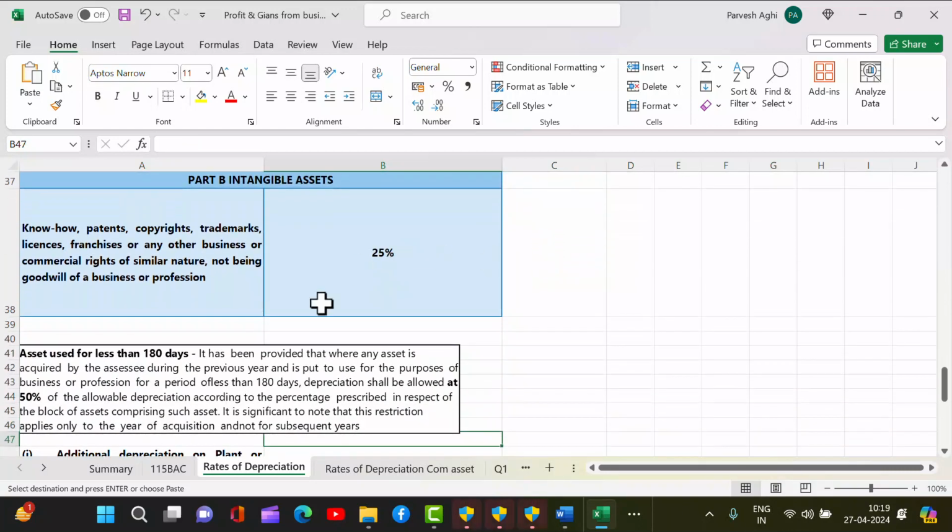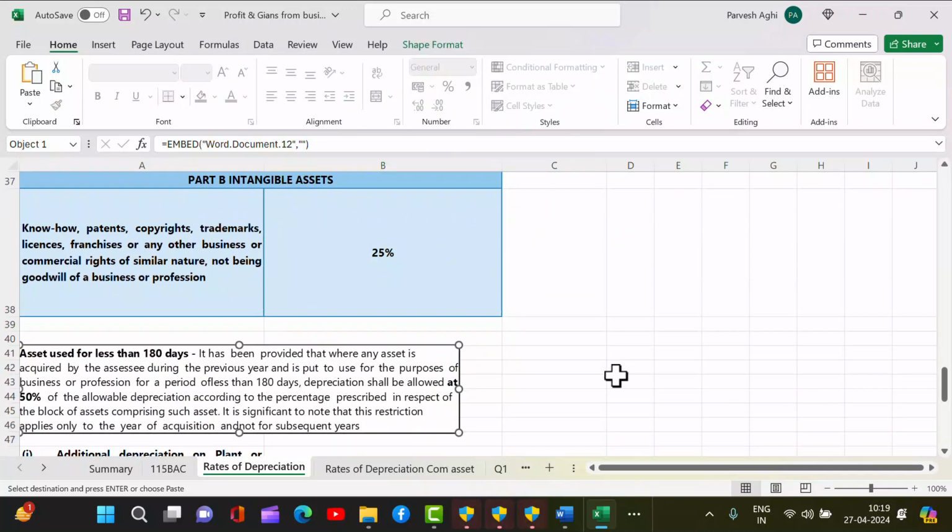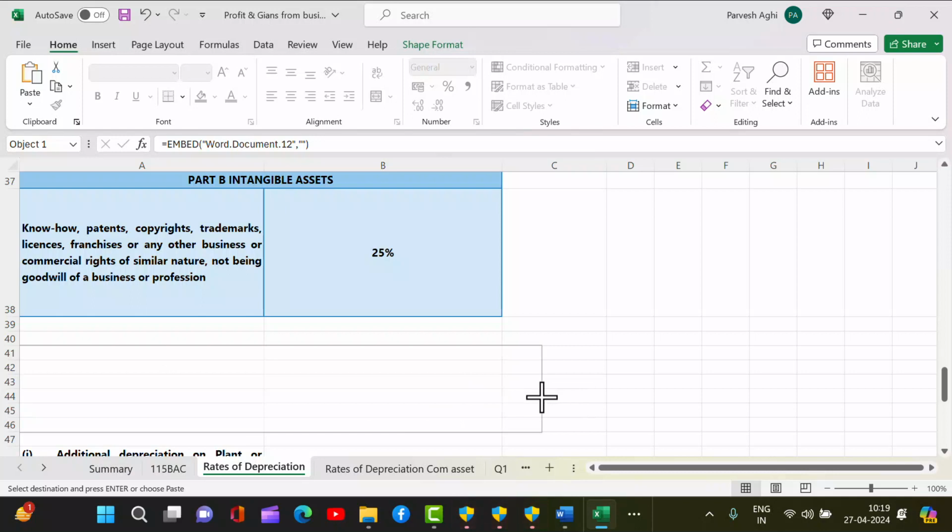Read this, Suraksha. Asset used for less than 180 days.